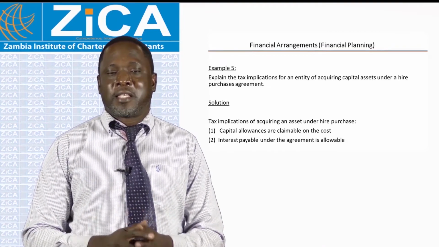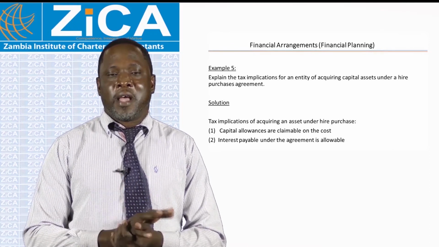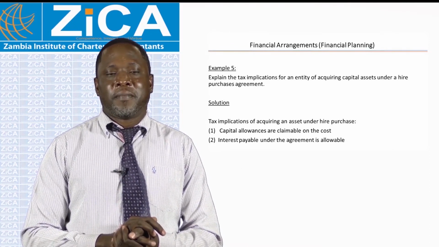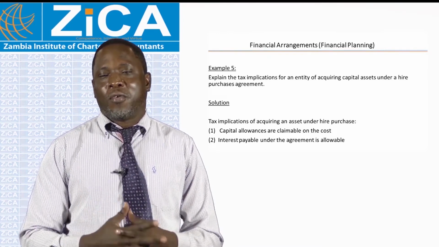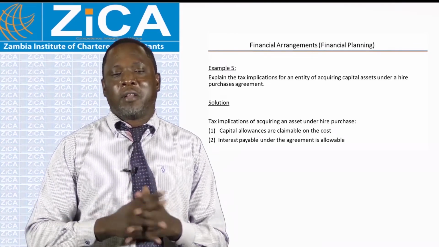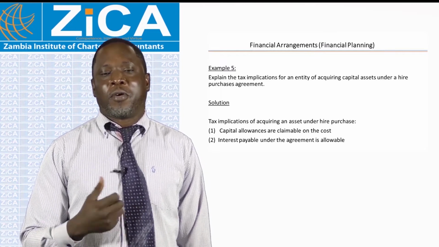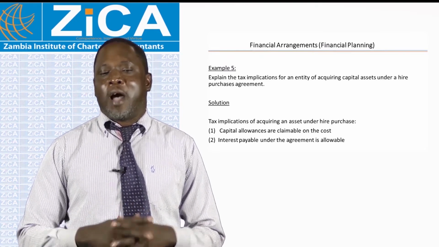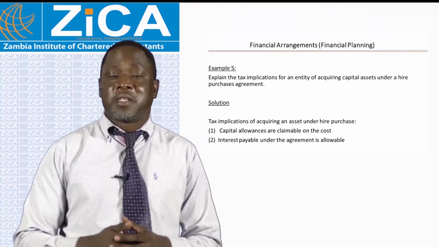Explain the tax implications for an entity of acquiring capital assets under a hire purchase arrangement. So what you are expected to say, or the points you are expected to bring out when tackling this kind of question include: capital allowances are claimable on the costs, interest payable under the hire purchase arrangement is allowable.